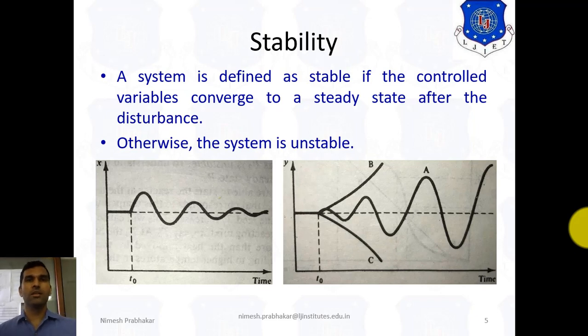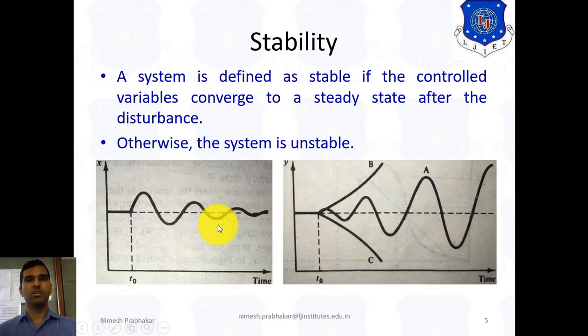So the left hand side graph represents the stable system and the right hand side graph represents the unstable system. Here we see that after some deviation the value comes to a steady state, but here after some deviation the value does not come to a steady state. Because of this reason, this is an unstable region.